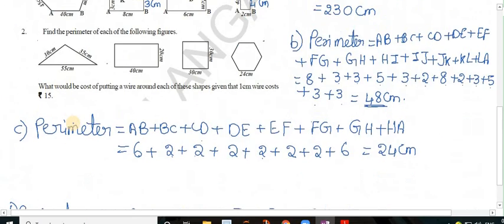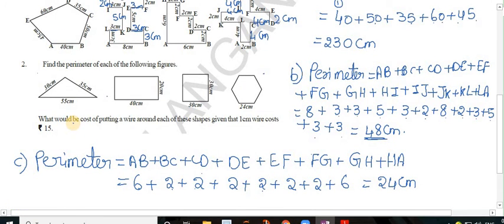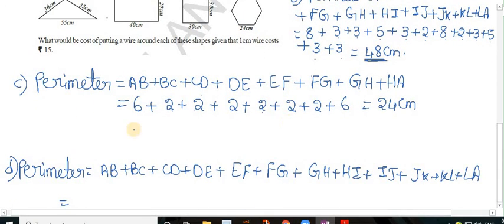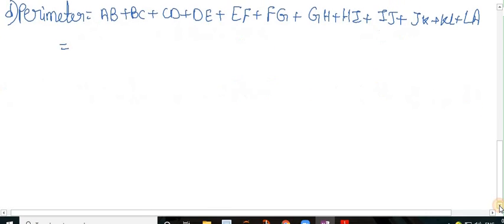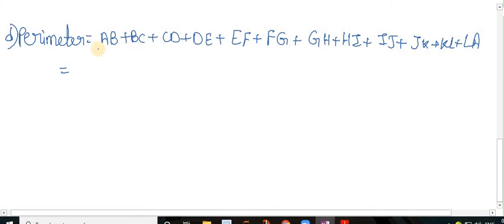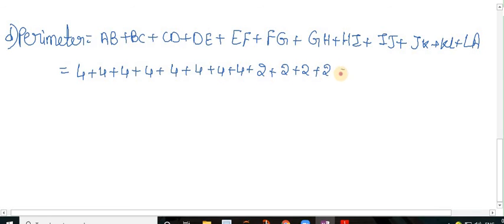So now we will see the numbers. How many 4s are there? We will see first. 1, 2, 3, 4, 5, 6, 7, 8, and 2s are 1, 2, 3, 4.